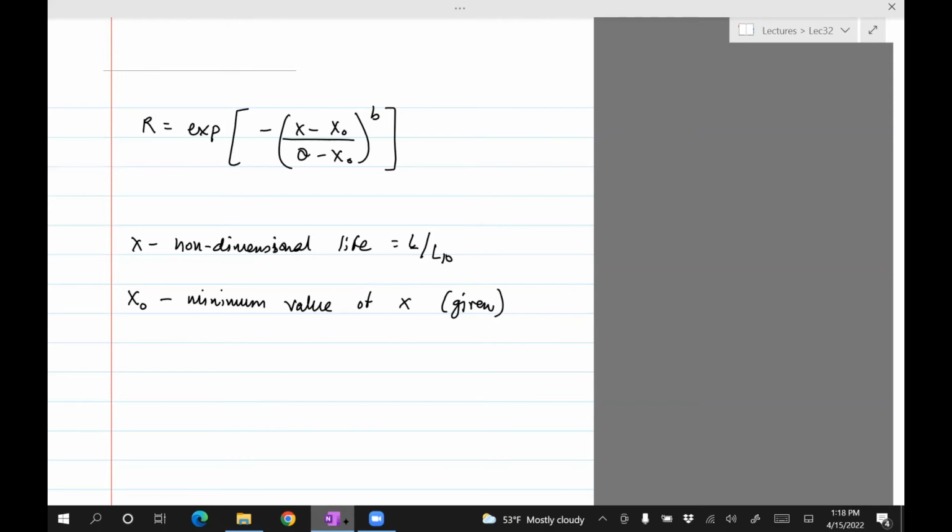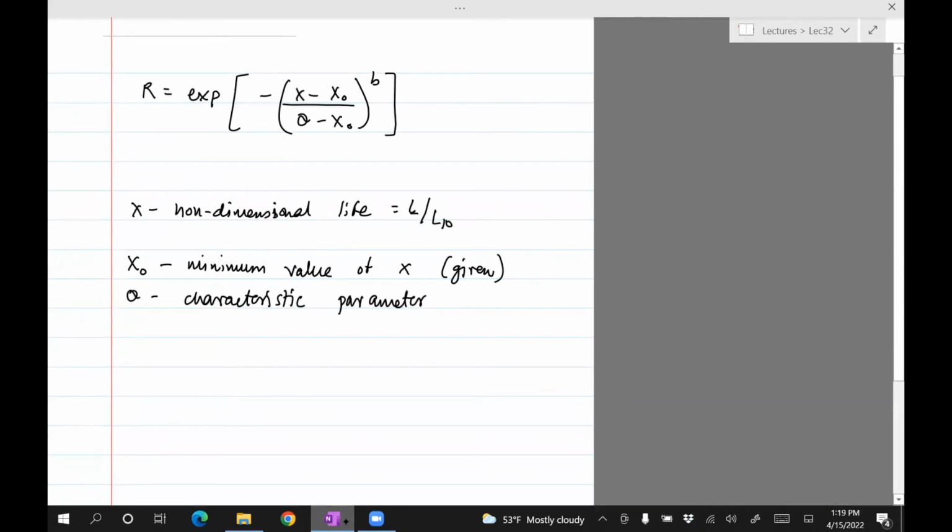The moment you have a Weibull distribution, you will be given x0. Theta is the characteristic parameter. It's also a constant, just like x0. It is the 63.21 percentile for roller bearing.